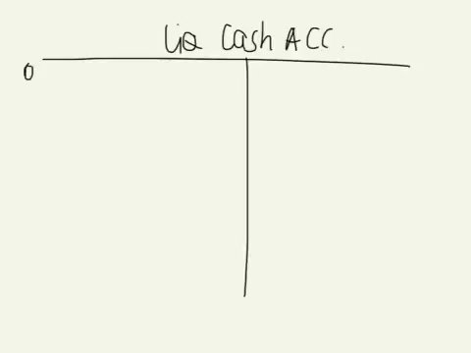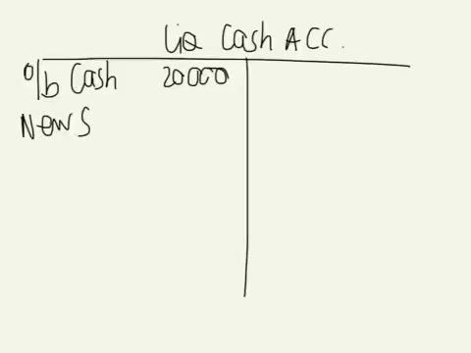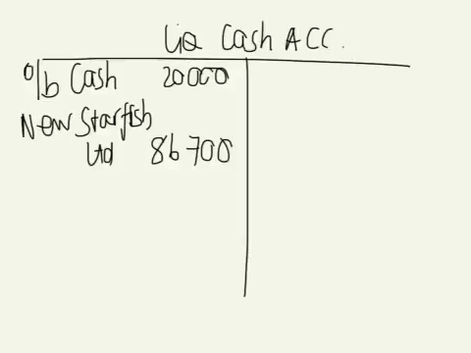Okay, so we transfer the cash that was existing in the company of $20,000. We record the cash that is transferred to them by the acquirer of $86,700, and we use this to pay the liabilities from the credit side.